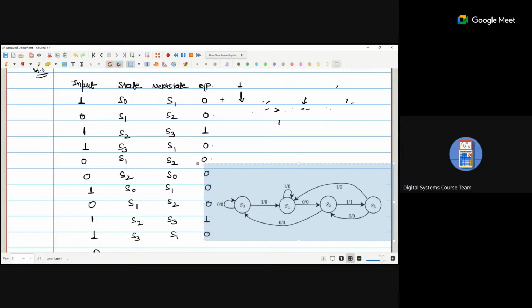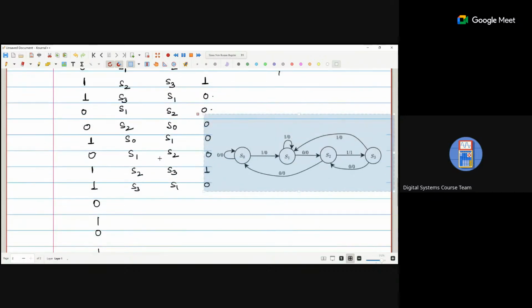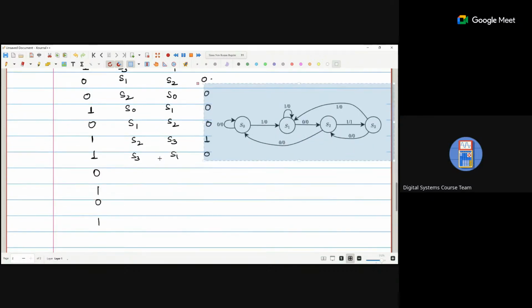So now present state is S1. 0 is the input, so S2 is the next state, output is 0. Now 1 is coming. The present state is S2, next state is S3 and output is 1.